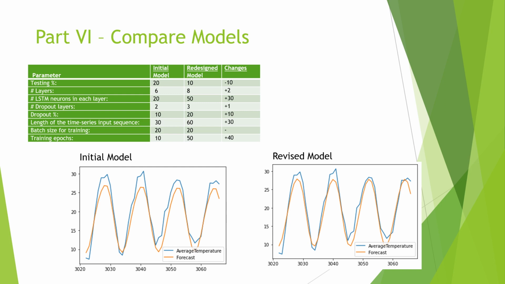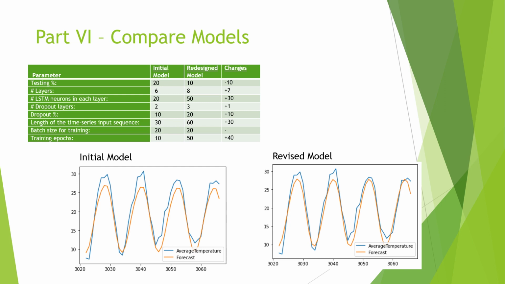When we look at the two charts below, what we find is that these parameter changes appeared to have a positive impact on the model. That is to say, the changes improved the accuracy of the model's forecast. The chart on the left shows the forecast from the initial model compared to the actual average temperatures. The chart on the right shows the revised model's forecast compared to the actual average temperatures.